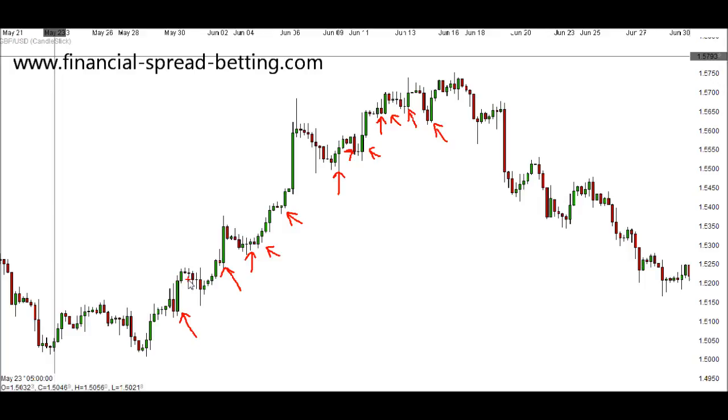The bullish engulfings far outweigh the bearish engulfings, telling us that the momentum is with the buyers and price is uptrending.